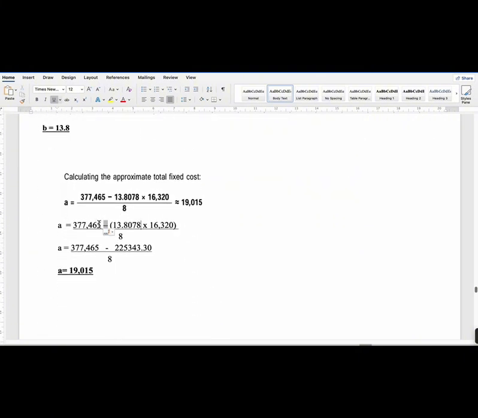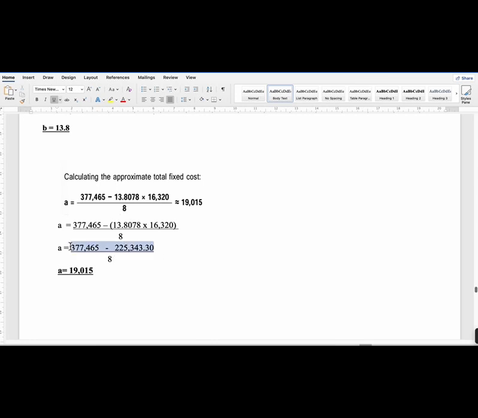Since we will follow the MDAS rule, multiply first. 13.8078 multiplied by 16,320. And once we get the answer, which is 225,343.30, then subtract it from 377,465.